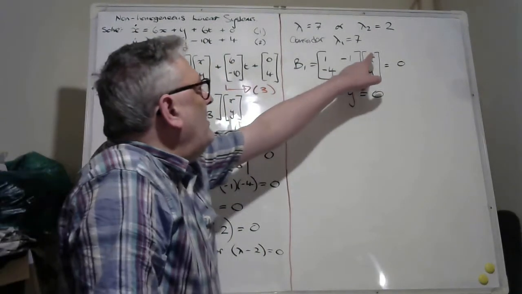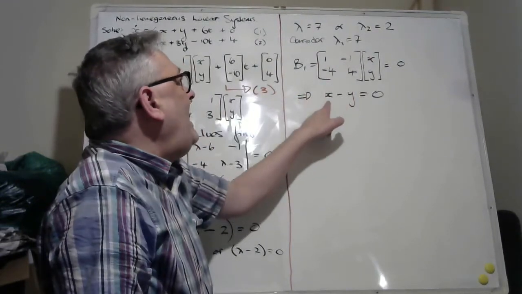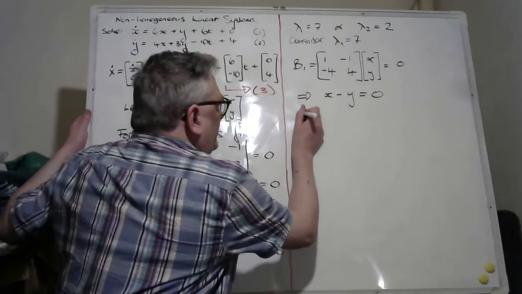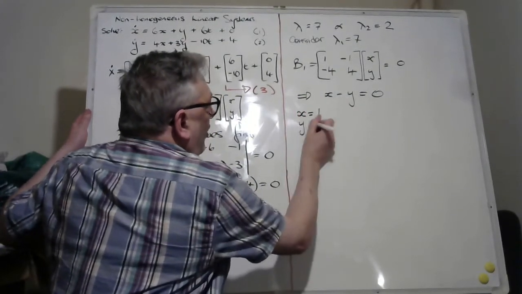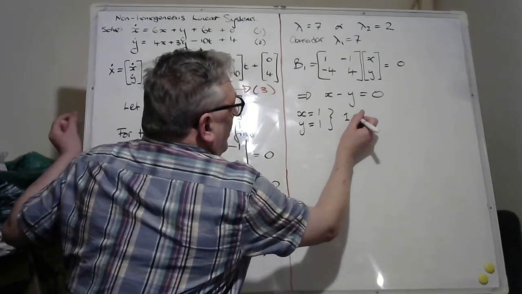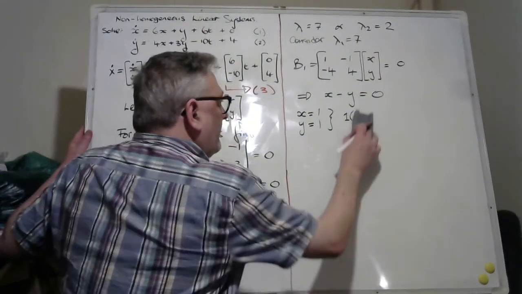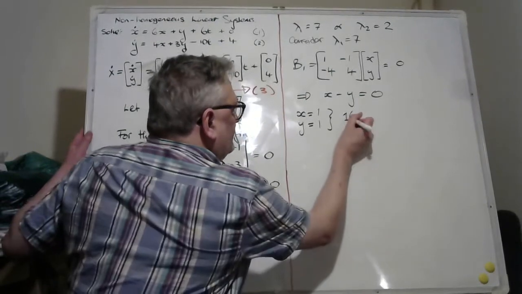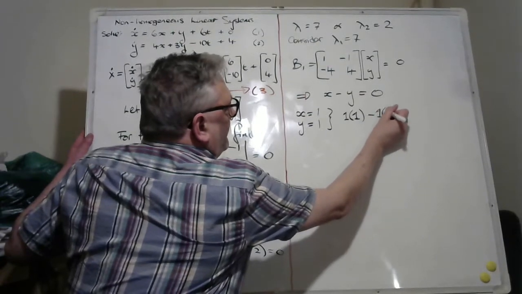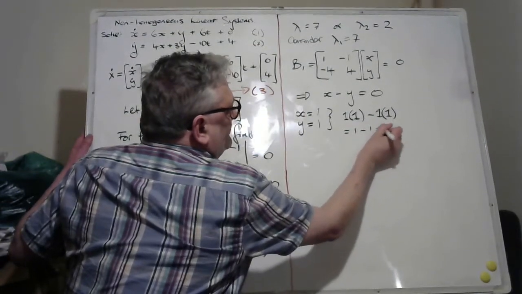So that times x gives x, I'll say it again, 1 times x is x, minus 1 times x is minus y. So we can choose x to be equal to 1 and y to be equal to 1, because when we substitute 1 in for x and 1 in for y, we get 1 minus 1, which is 0.